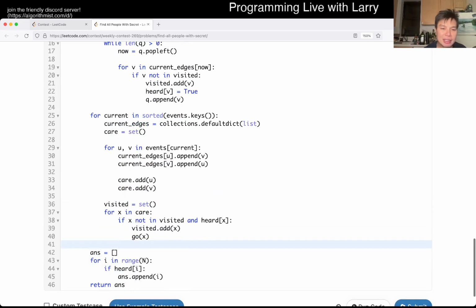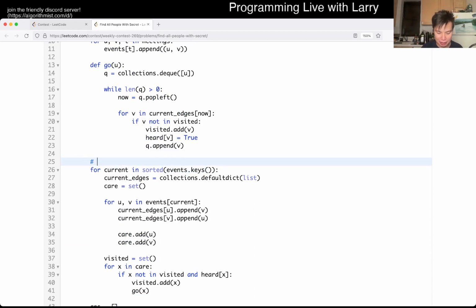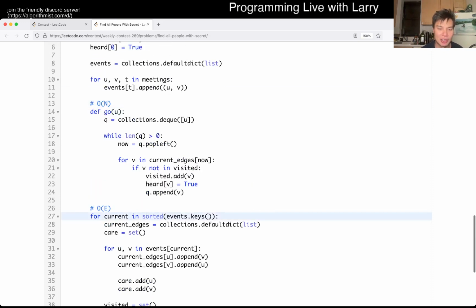So then the question is, why is this fast enough? Naively you can say this has O of Y for number of events, and here this can be O of N, right? And of course there's a sorting here, but we'll get to that in a second.